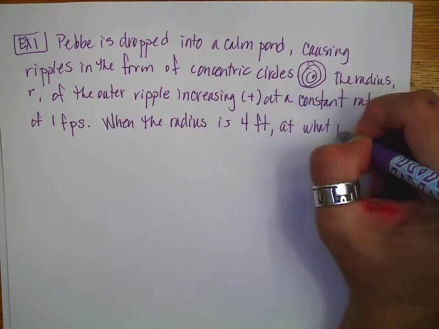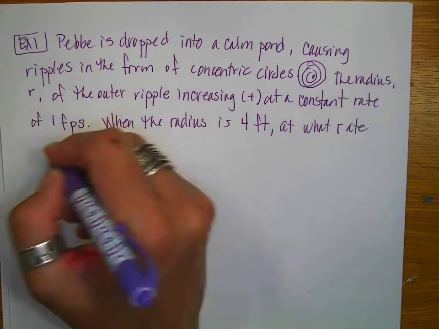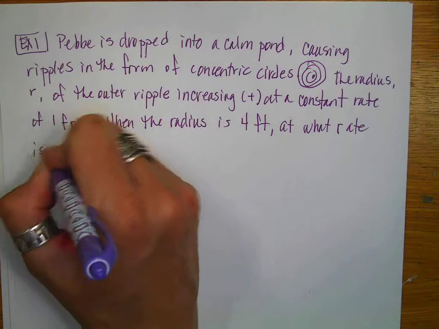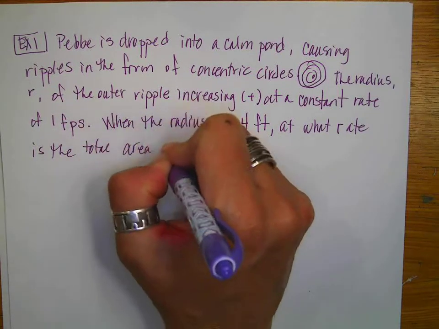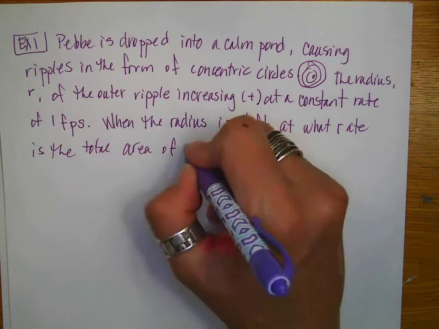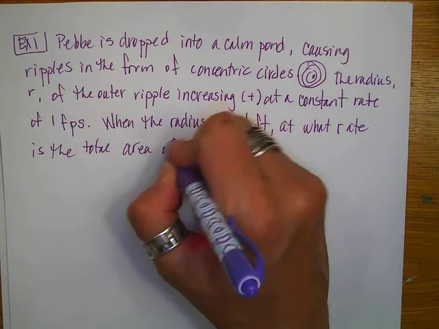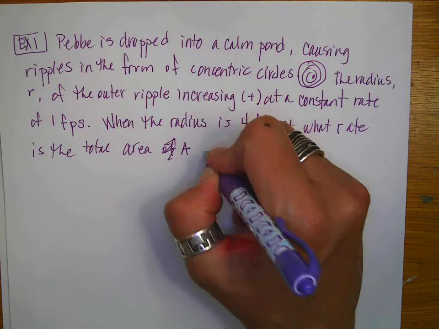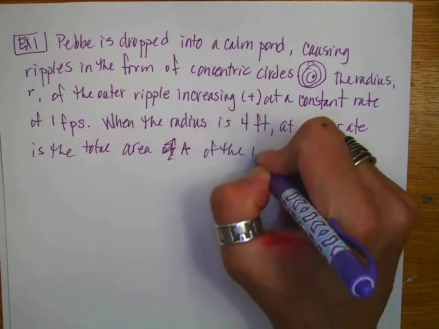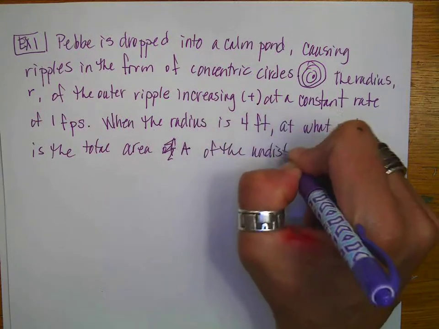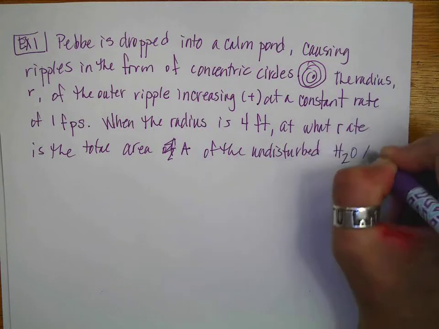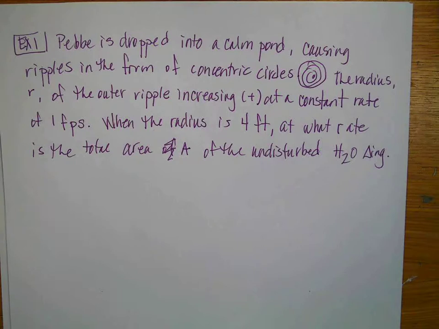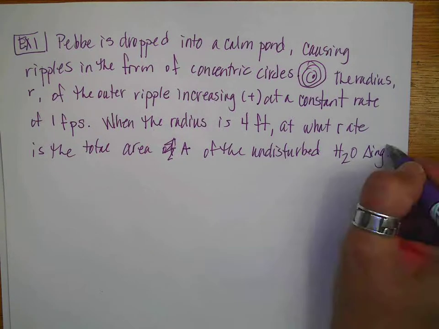At what rate, so many T's, is the total area A of the undisturbed water changing? Gotta love math symbols.